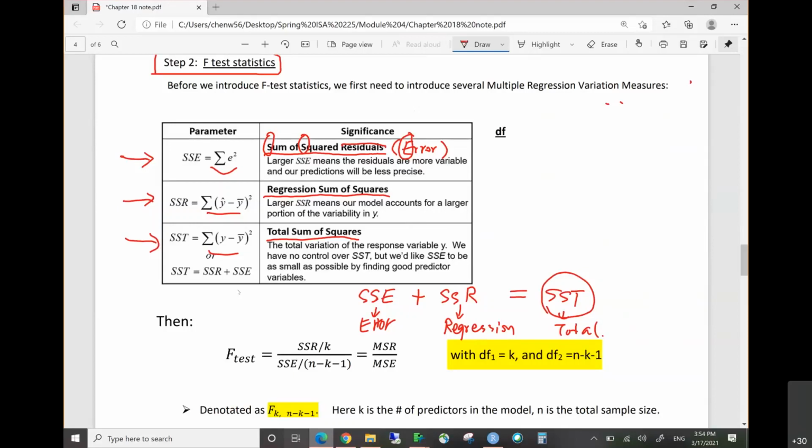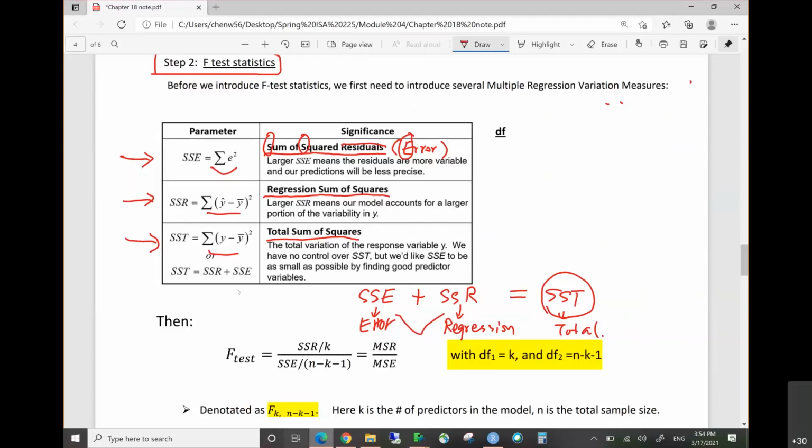The observed variation in y can be divided into two kinds. One kind is because of the regression. The other kind is because of the sampling error. Combining these two variations, you have the total variation in y, which we call SST. So we get the relationship SSE plus SSR equals SST.